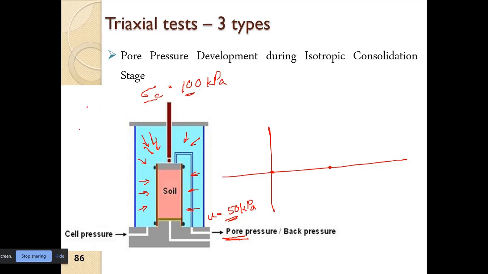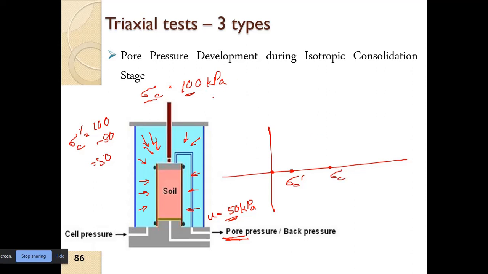So that means the effective stress in the soil, sigma C dash, is 100 minus 50, which is equal to 50 kPa. So this is the effective stress state, and this is the total stress.